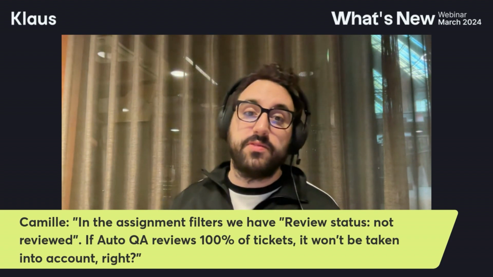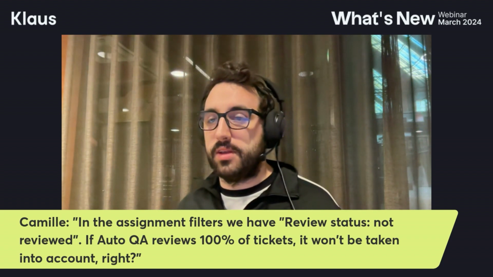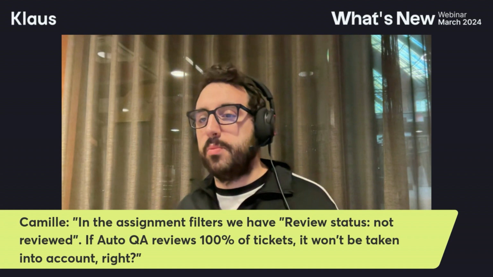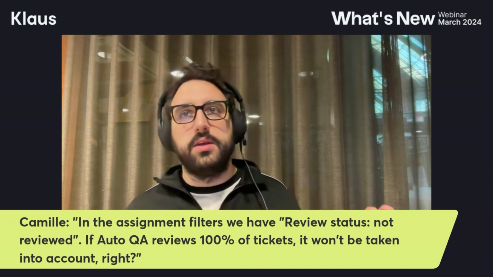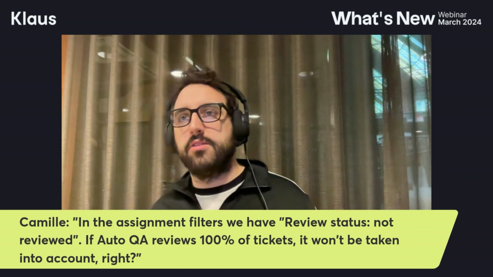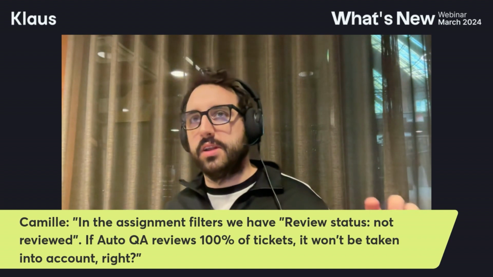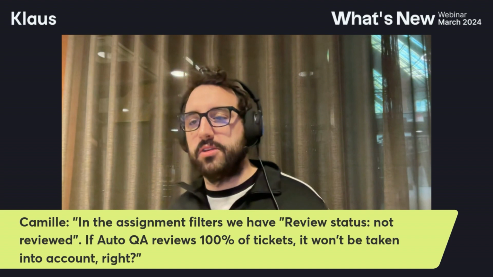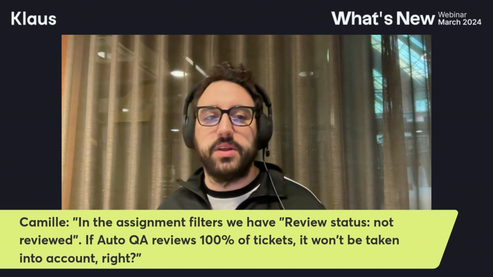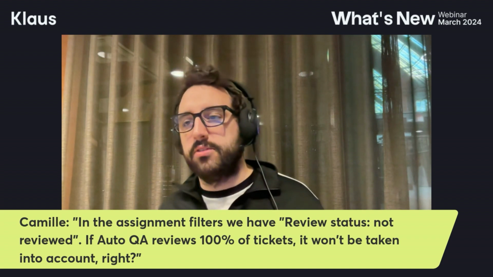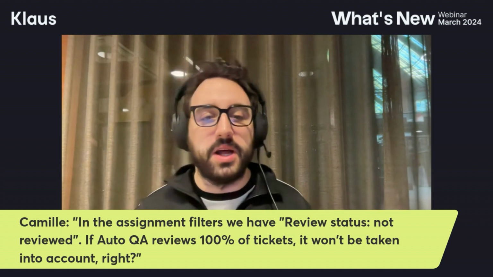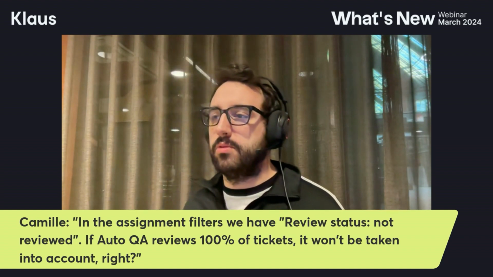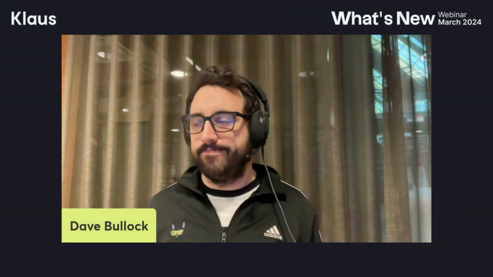It doesn't always catch everything, so there are some where it leaves categories blank, but it reviews 100% of your tickets anyway. So if you set up a filter where it's not reviewed by AutoQA, that would leave you with very precious little tickets to manually review and wouldn't give you the benefit that doing both provides. So it's very, very simply just whether it's been manually reviewed or not when it comes down to filters for assignments.